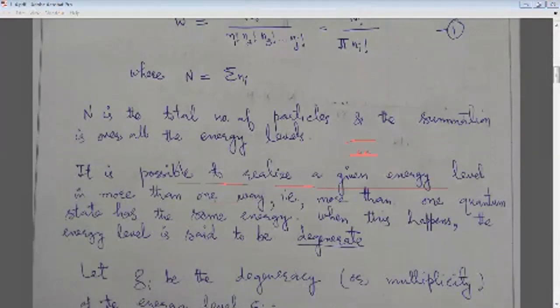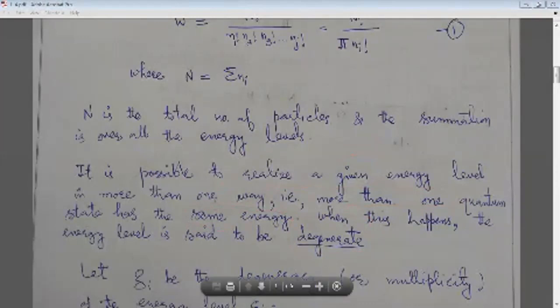That means there can be more than one quantum state, but they will have the same energy. When this happens, it is called degenerate or degeneracy. That means different states having the same energy are simply called degenerate.